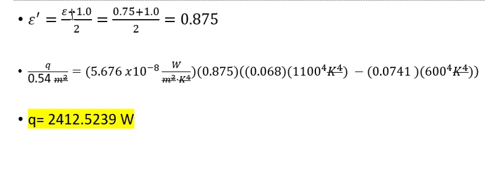For a non-black body object which has an emissivity of greater than 0.7, we will use this equation: emissivity plus 1.0 all over 2. Since we are given an emissivity of 0.75, then we will have the effective emissivity to be 0.875.